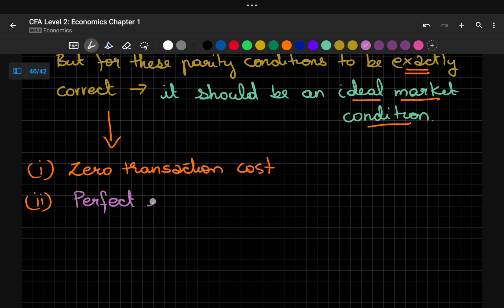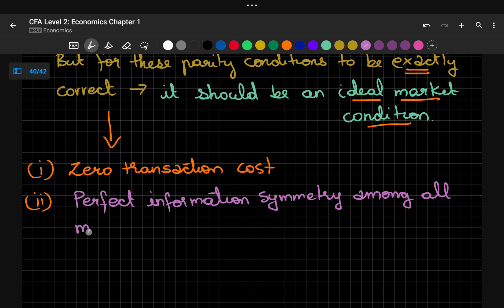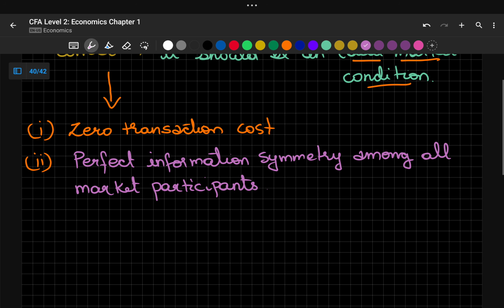Perfect information symmetry among all market participants. So everyone would be making the decision based on the correct information that they hold.